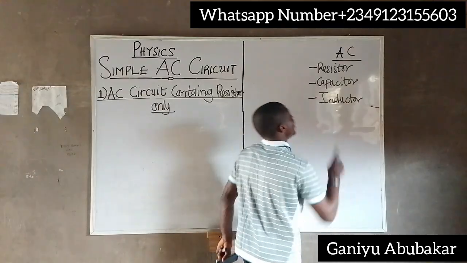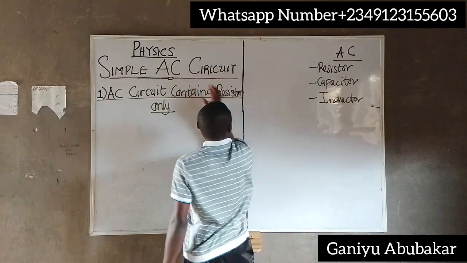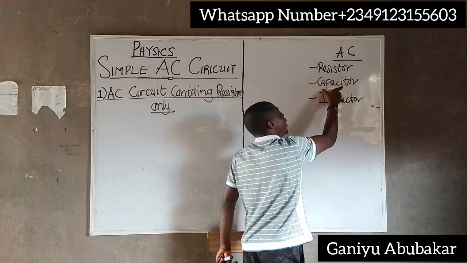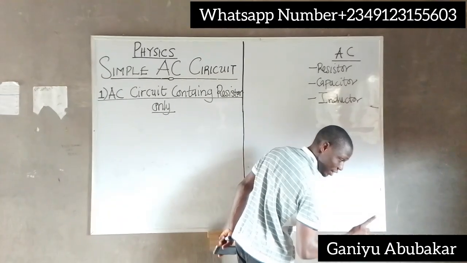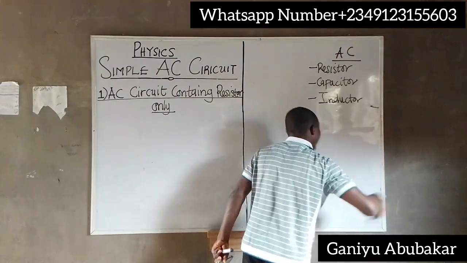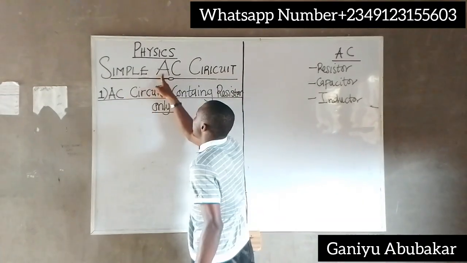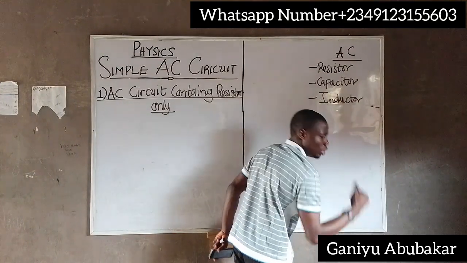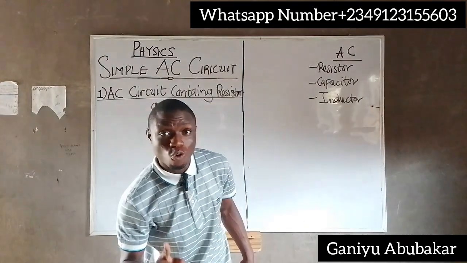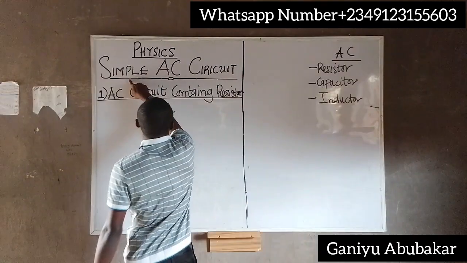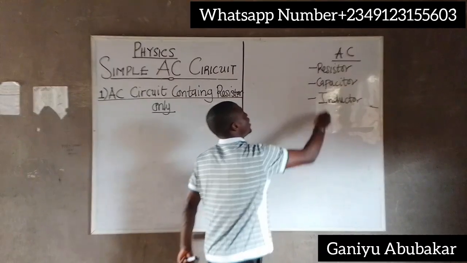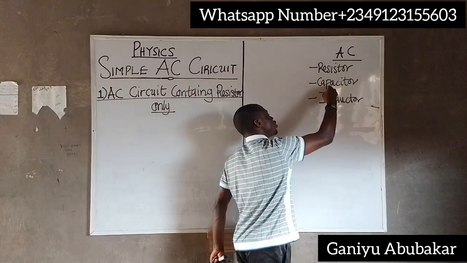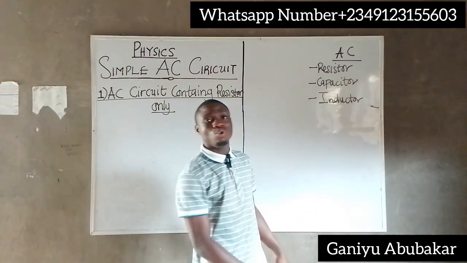Also, we're looking at AC circuit containing resistor and capacitor only. We'll be looking at simple AC circuit containing resistor and inductor only. Finally, we'll be looking at simple AC circuits containing resistor, capacitor, and inductor only.